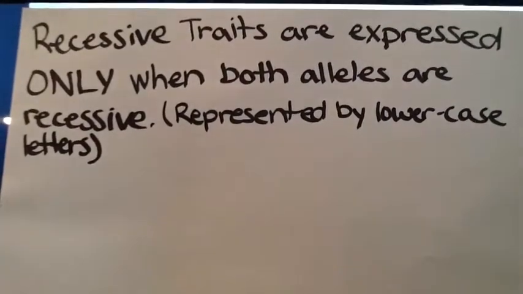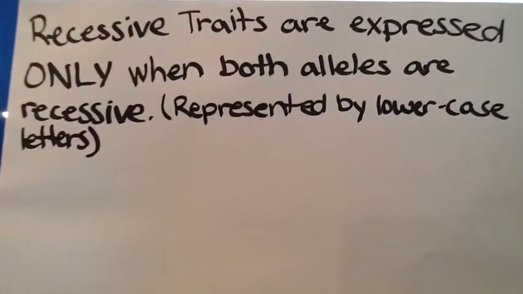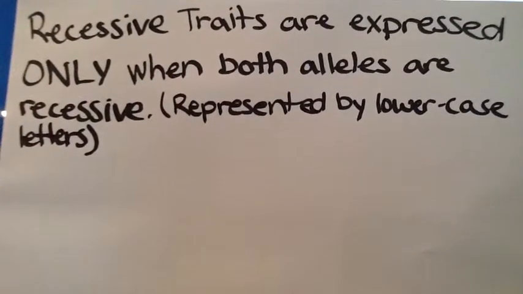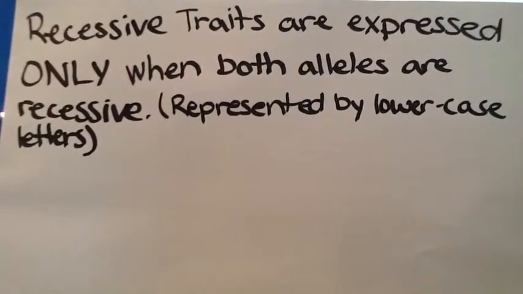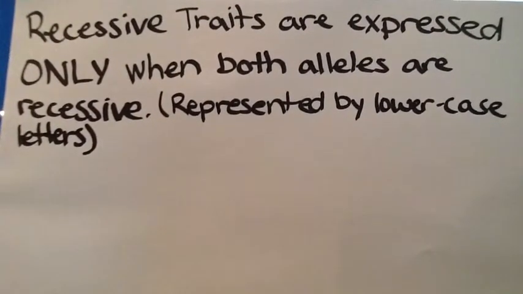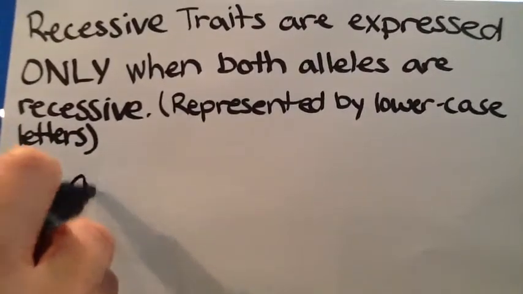Recessive traits are expressed only when both alleles are recessive, and those are represented by lowercase letters. So using the same example as before with letter A, the only genotype that would be expressed as a recessive phenotype would be lowercase a, lowercase a.